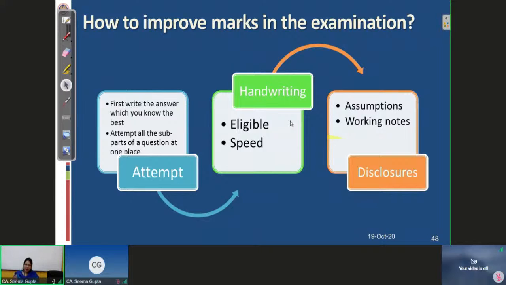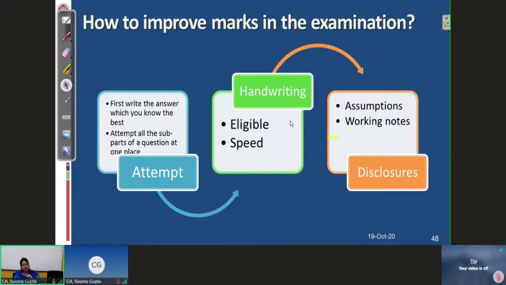You have already heard about complete disclosures in the financial statements. So now listen about this. This is regarding complete disclosures in the answer sheet. As with complete disclosure in the financial statements, if you do not do it, it's unethical.